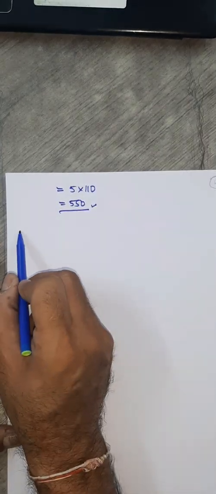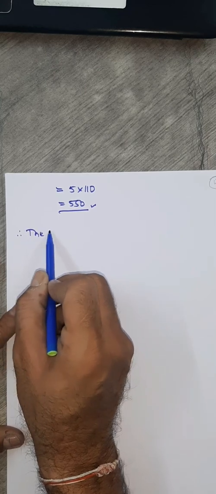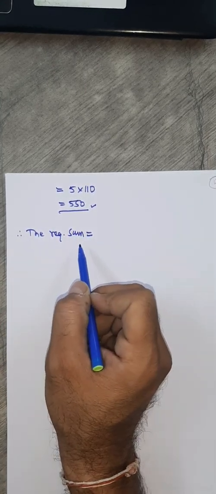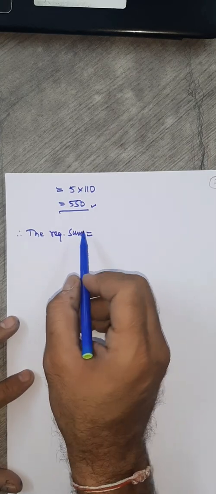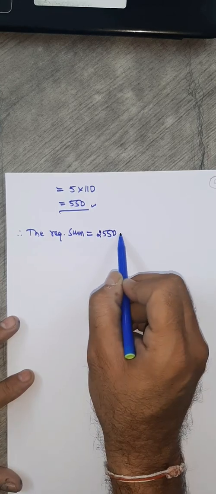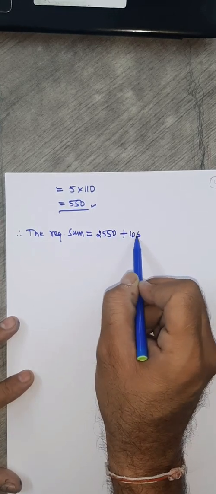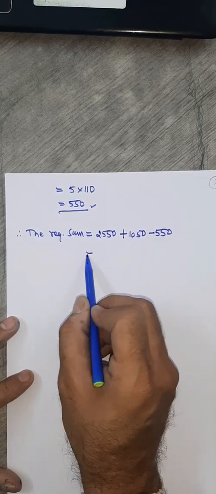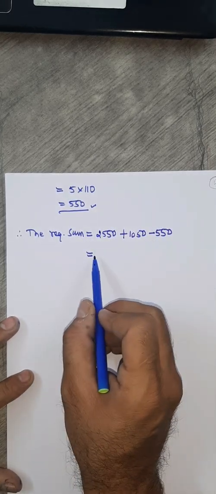And therefore the required sum, from equation number 1, equals 2550 plus 1050 minus 550, right? Let's simplify this.